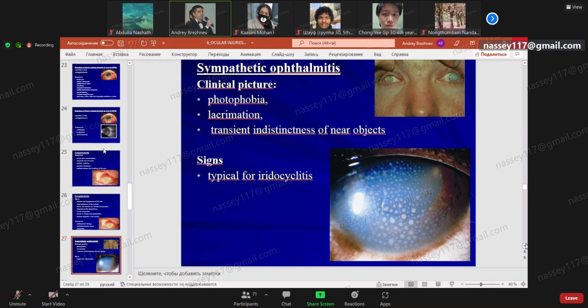It may develop about 4 to 12 weeks after either an injury or, rarely, intraocular surgery of the eye. The etiology is still not known exactly, and we suggest the autoimmune nature of this disorder. Most accepted is the immune allergic theory.